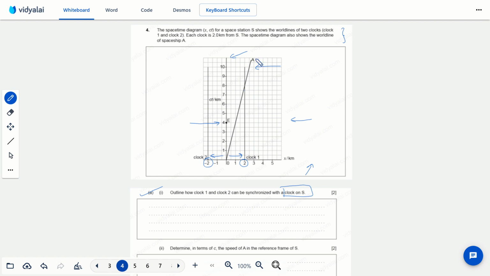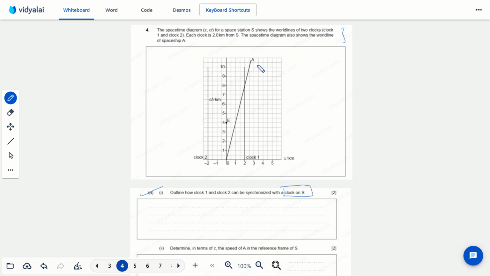The velocity of A relative to S. Here we have the world line, and whenever there is a world line of an object which is moving relative to the world line of another object, we need to calculate the gradient of the world line of that moving object relative to the spatial axis according to which we are trying to find the velocity.